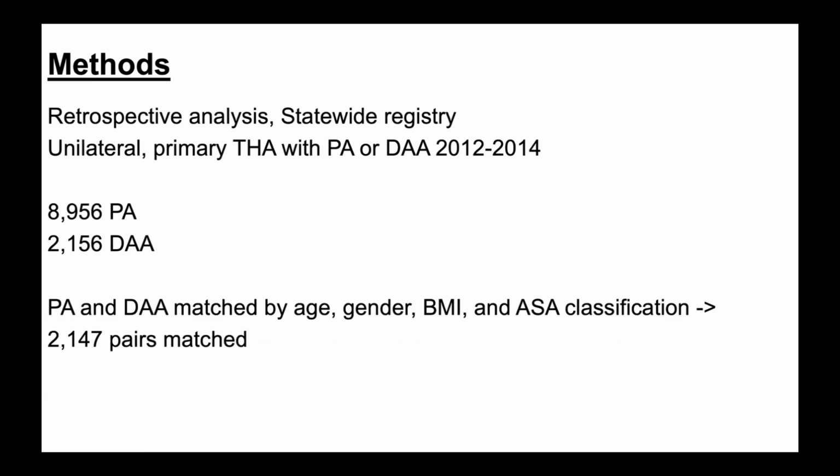This study was a retrospective analysis using a statewide registry where they had a lot of information regarding total hip arthroplasties between 2012 to 2014, and they included around 9,000 cases of the posterior approach, as well as roughly 2,000 direct anterior approaches. And these approaches were matched by age, gender, BMI, and ASA classifications. And in total, there were roughly 2,000 pairs matched up.